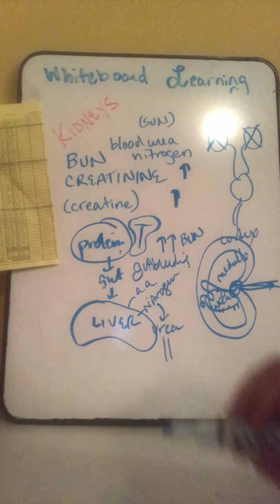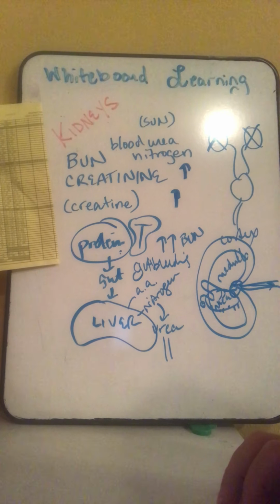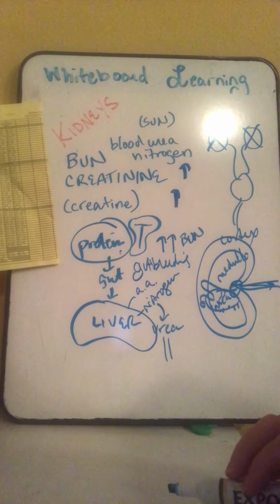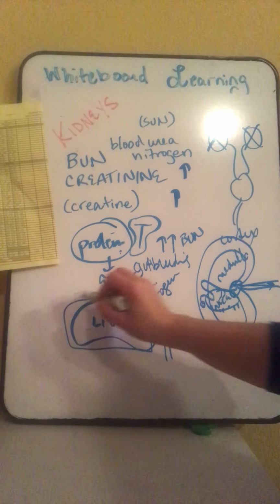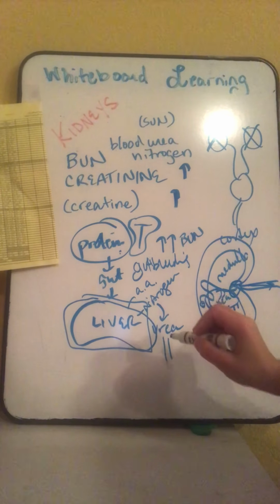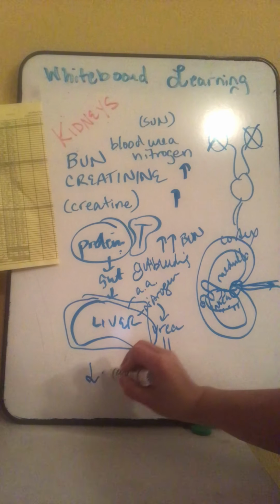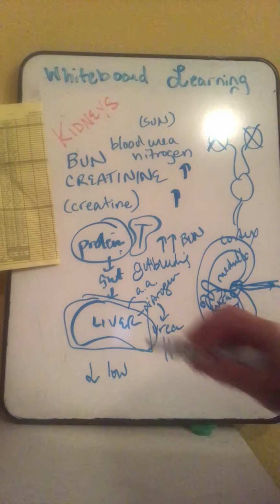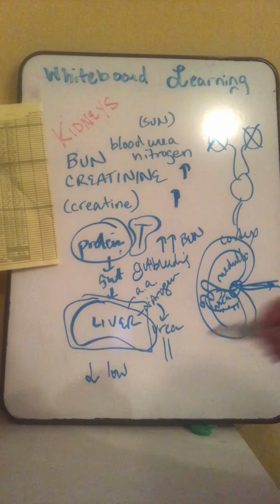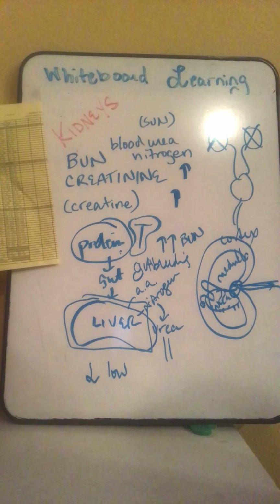So one of the ways to falsely increase this is to have gut bleeding or GI hemorrhage, because you're basically having a blood meal. The other way is if the liver can't do its job, it can't transform the nitrogen to urea. So you actually have a false low BUN with liver disease because the liver isn't doing its job. So those are the ways that it gets affected sort of just by itself.